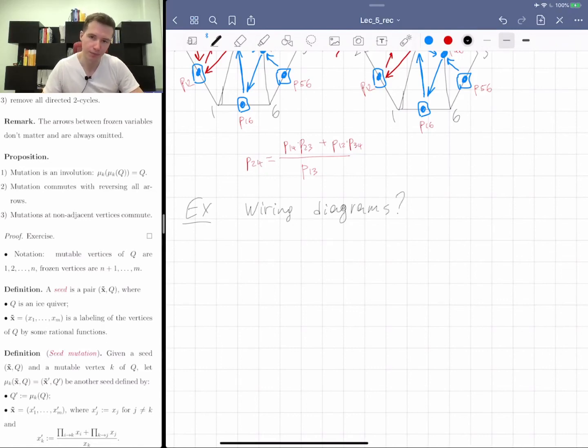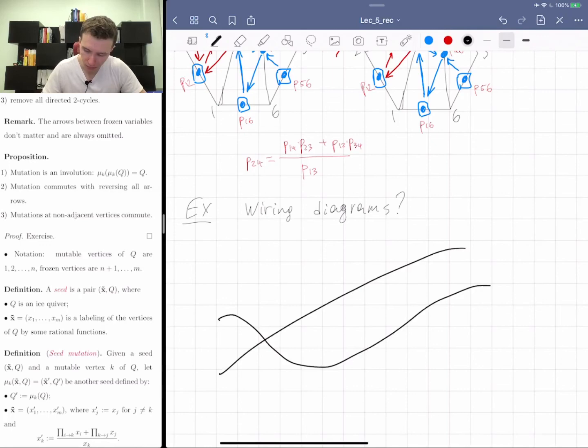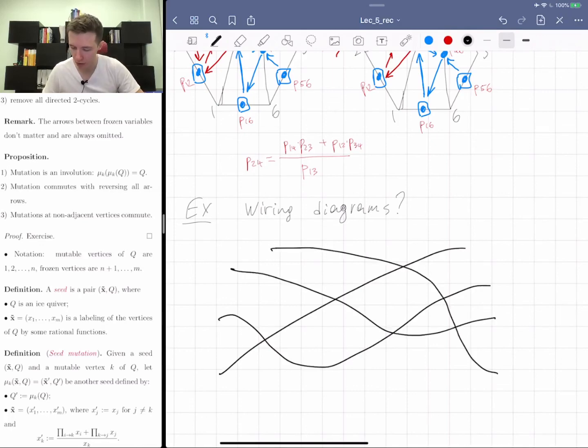So if I draw some wiring diagram, something like this, one, two, three, four. Then again, you can ask all the same questions, like what are the vertices of the quiver, which ones are frozen, and what are the edges, and what is the extended cluster.